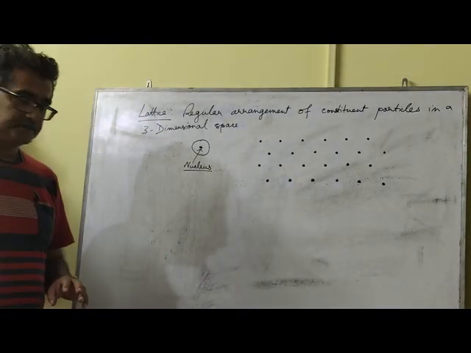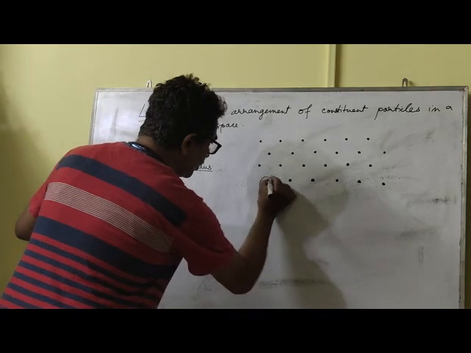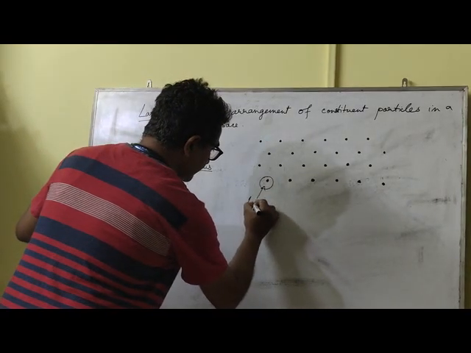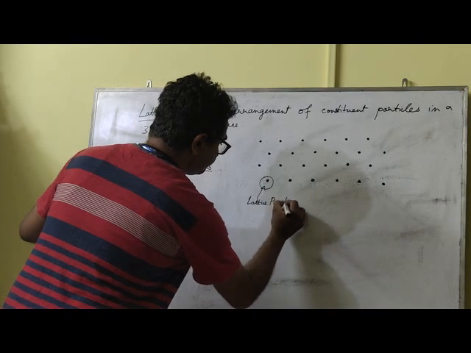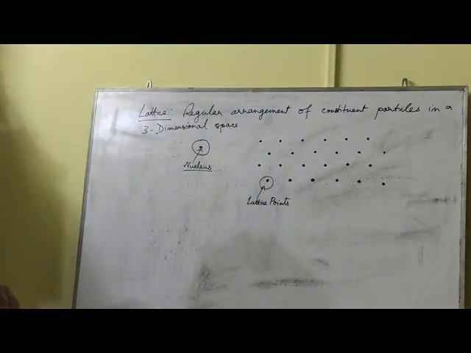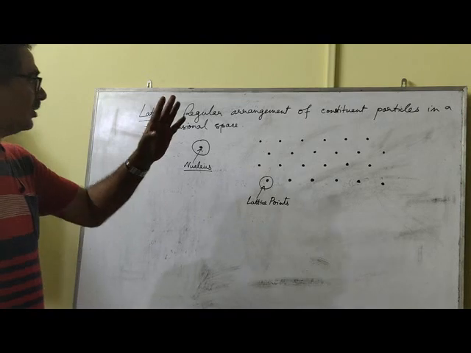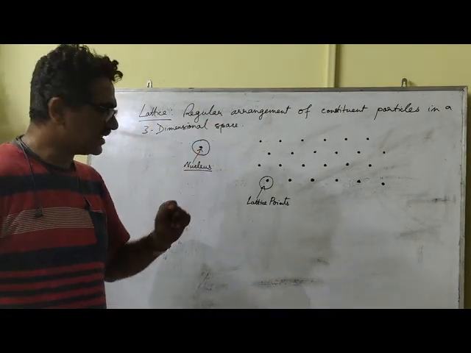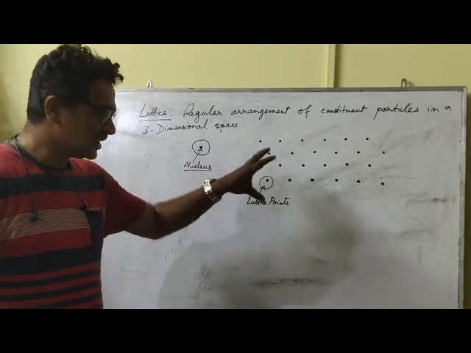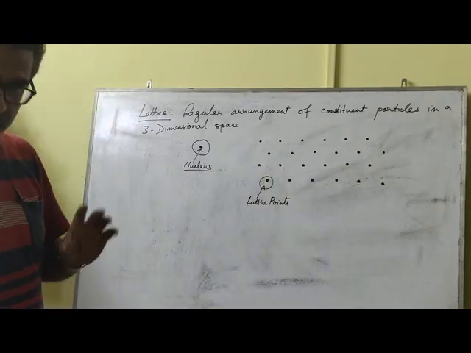Now, each of these points is called a lattice point. So, the regular arrangement of the constituent particles in a three-dimensional space. How these particles are arranged in three-dimensional space, we are going to understand that concept.